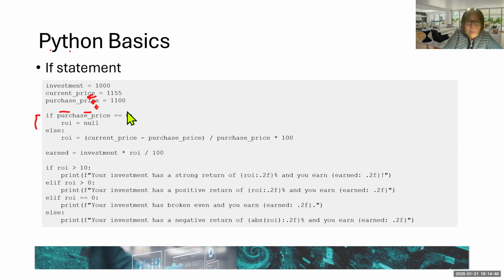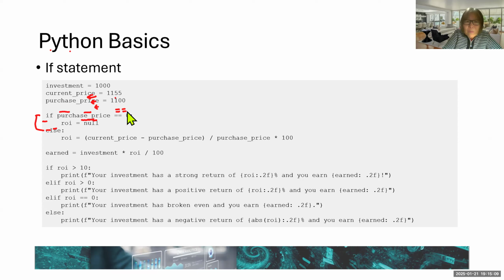Then for this block, if you take a look, we have if else. Keep that in mind: you have a colon, not brackets. Over here, be careful, this is not one equal sign, this is two equal signs.